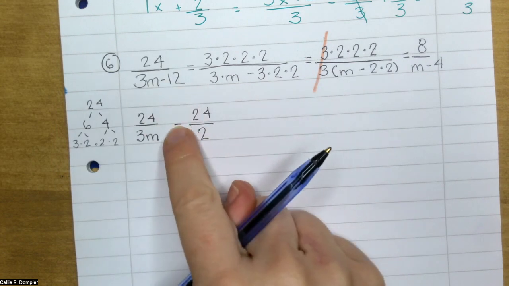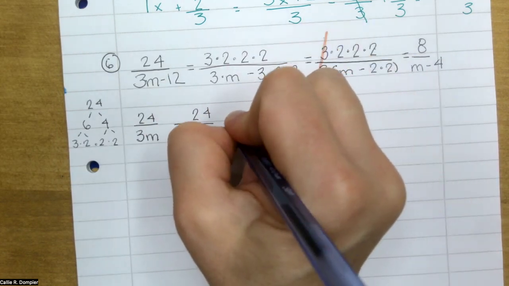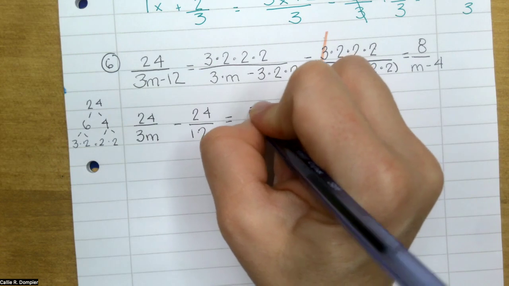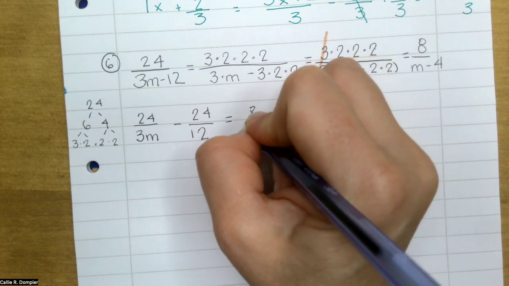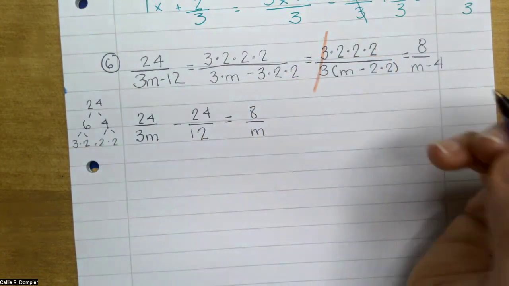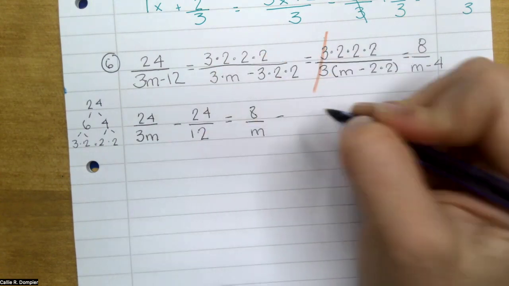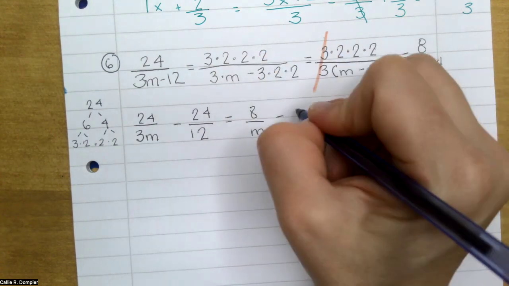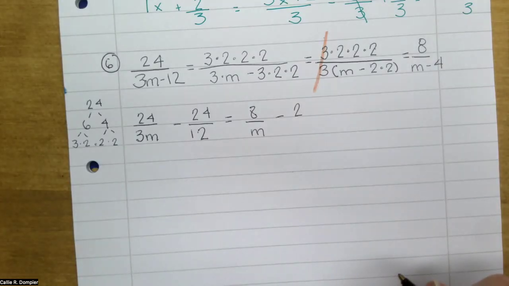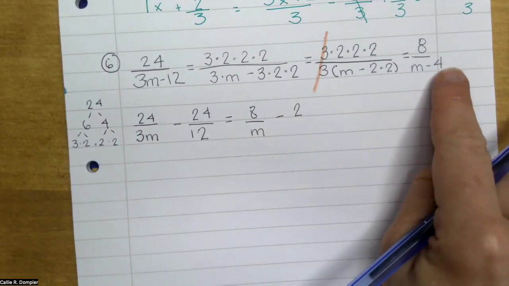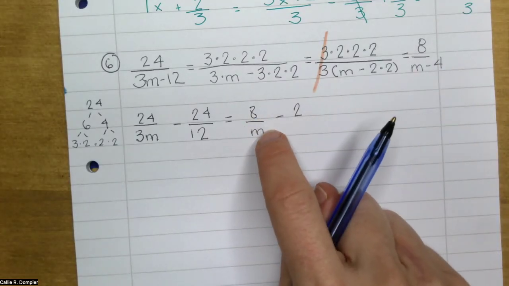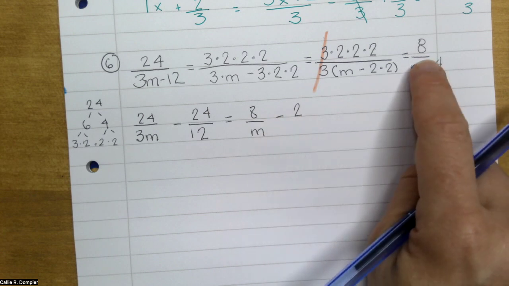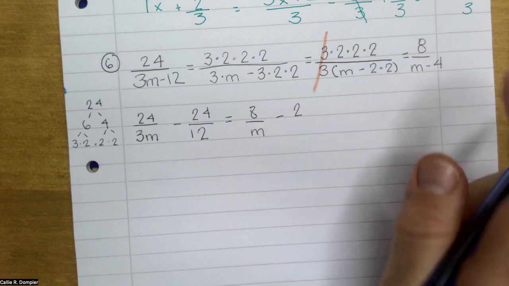It's not minus 12 because the minus is right here. Good. 24 divided by 3 is just 8 over m. And then minus 24 divided by 12 is 2. Those are the same answer. 8 over m minus 2 is the same as 8 divided by m minus 4.